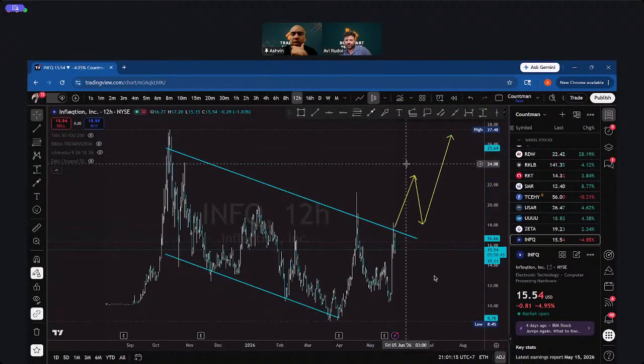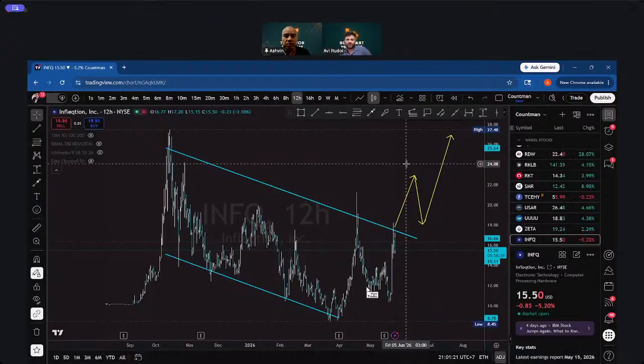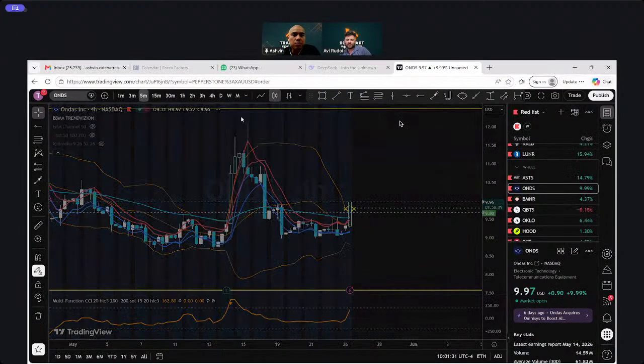But this is more of a speculative thing, purely based on fundamentals, not so much on technicals. Technicals, this stock doesn't show any bullish sentiment yet. So on my part, it looks a bit more risky.